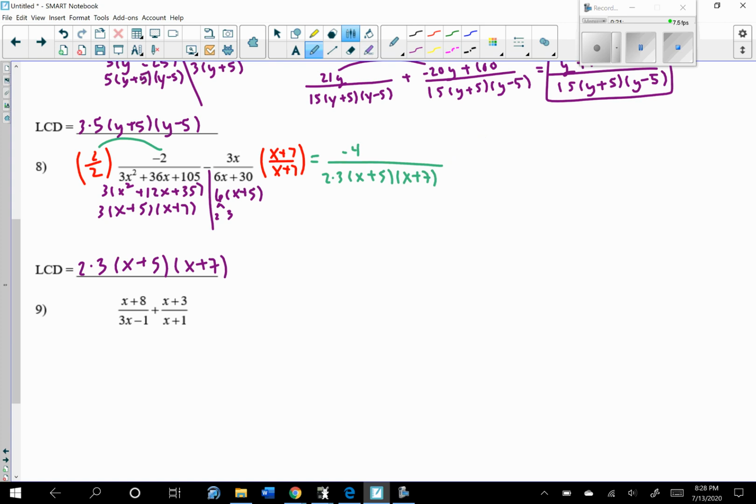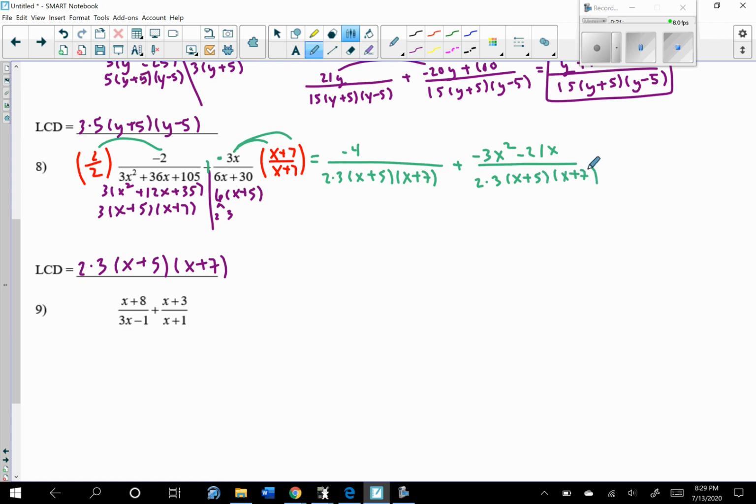And then we have minus. So I'm going to make this a plus and put the minus here so I don't forget to distribute that negative. So that would be plus, and then negative 3x times x is negative 3x squared, and negative 3x times 7 is minus 21x over 2 times 3 times x plus 5 times x plus 7.